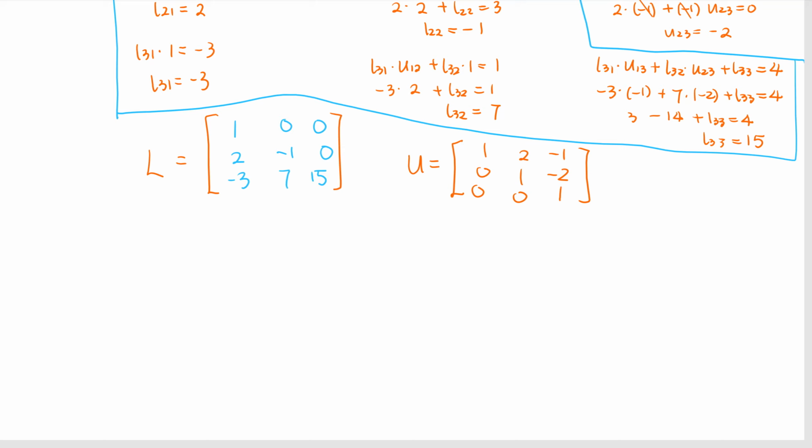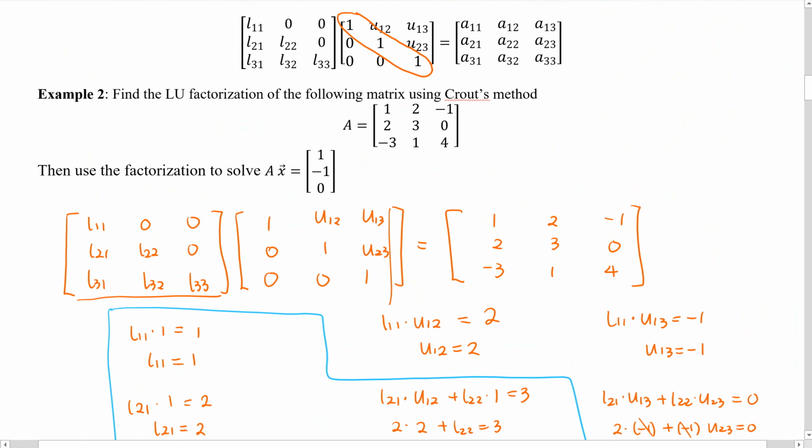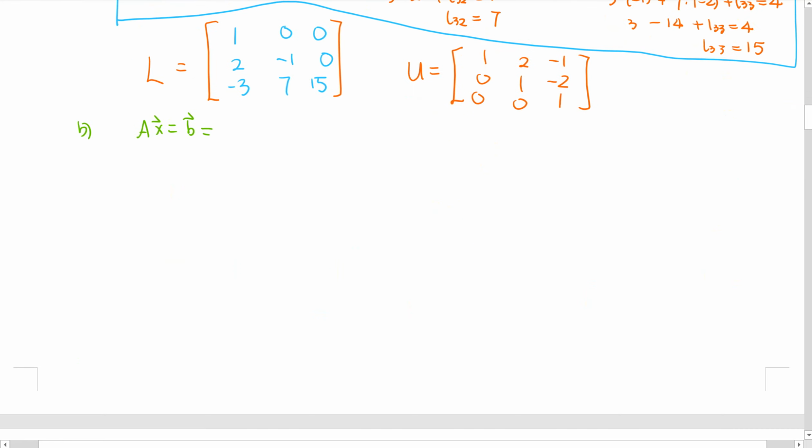But here, with the help of the LU factorization, we want to solve AX equals B, right? And what is our B? Let's copy it down here. B is 1, minus 1, 0.